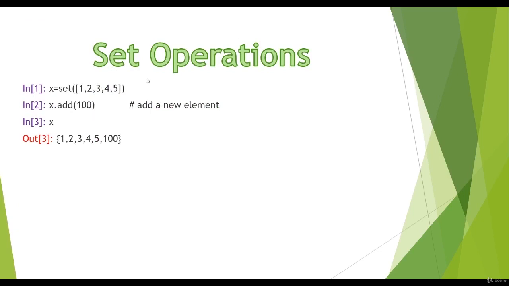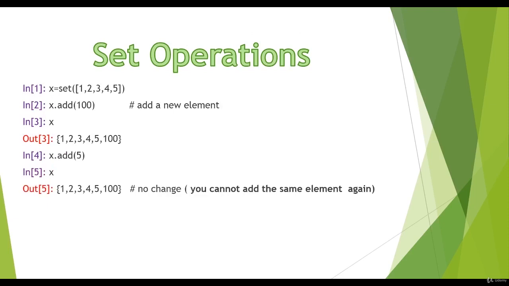But if the set is not a frozen set, then if you want to add, you can see here the value 100 is added in the set. Now if you want to add 5, there is no change because you cannot add the same element again.